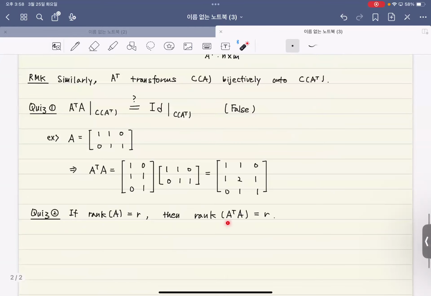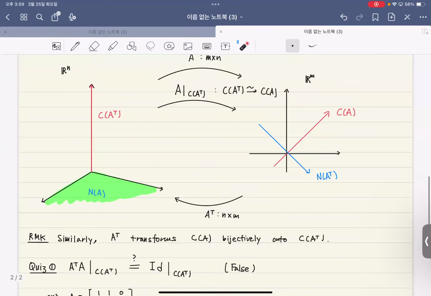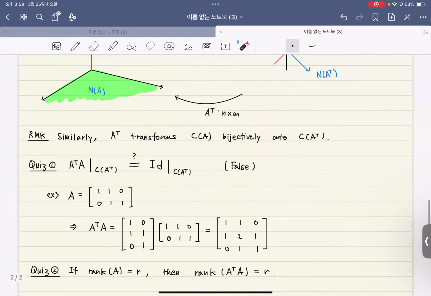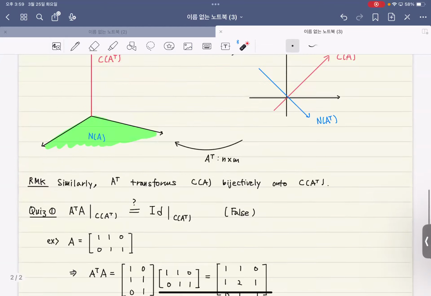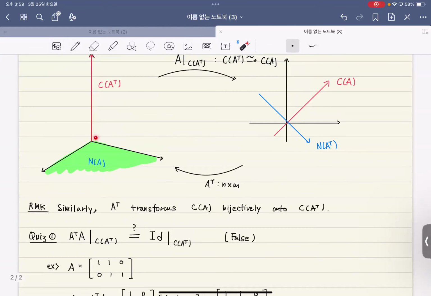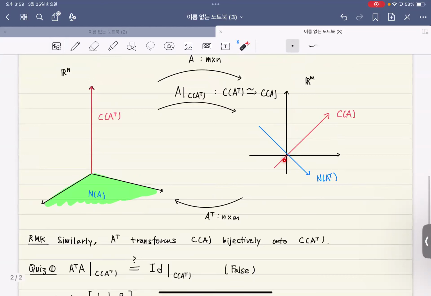But if you multiply by A transpose, this guy is now being mapped to this space under A transpose. So that means the dimension of the column space of this guy must be the same as the dimension of this guy, right?